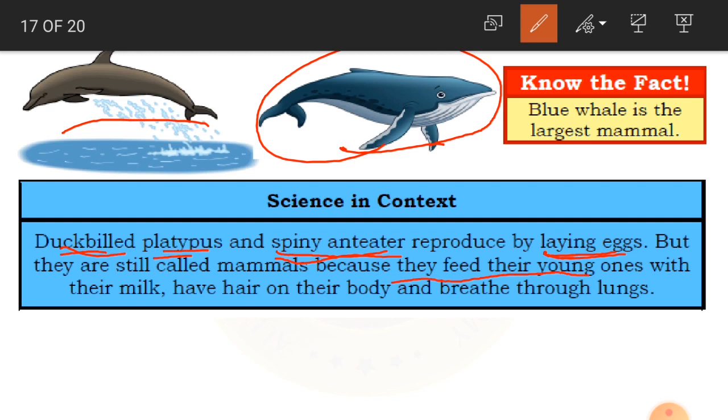Because they feed their young ones with their milk, some of them have hair on their body, and they breathe through lungs. Because of these features, they are called mammals. Clear, children? Understood?